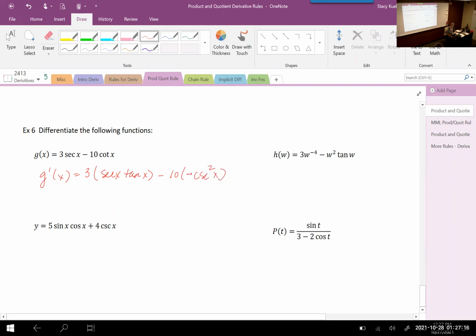And then simplify. Which just changes that to 3 secant x tan x plus 10 cosecant squared x.